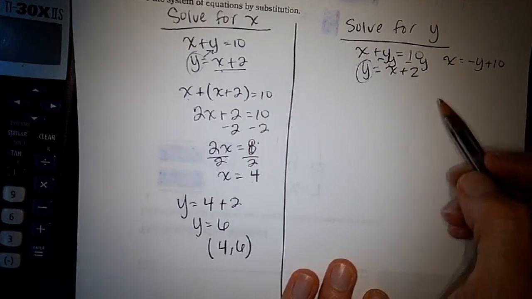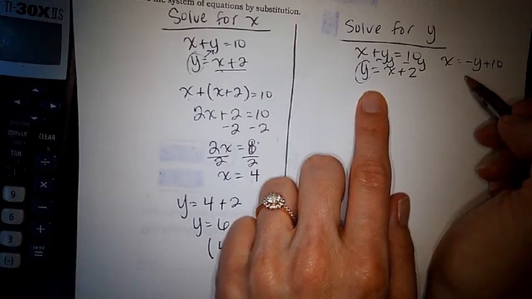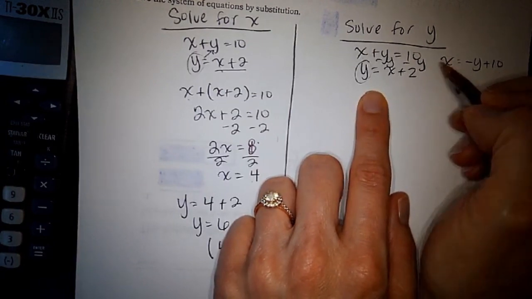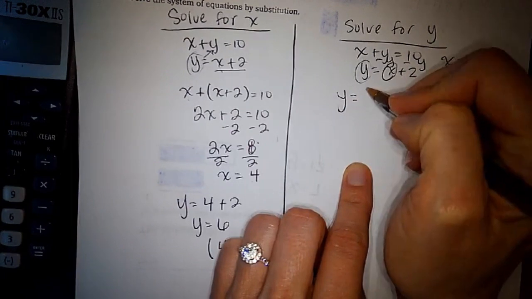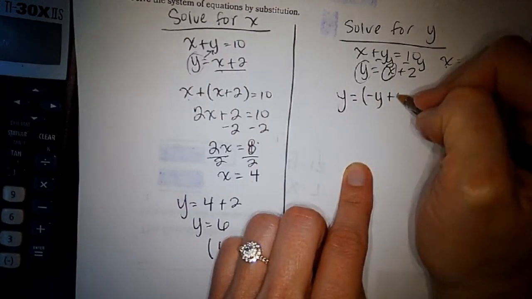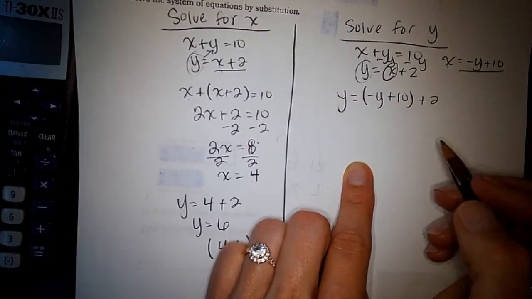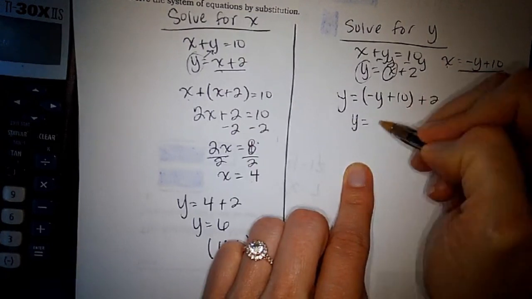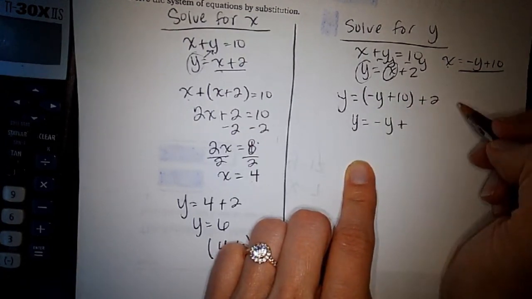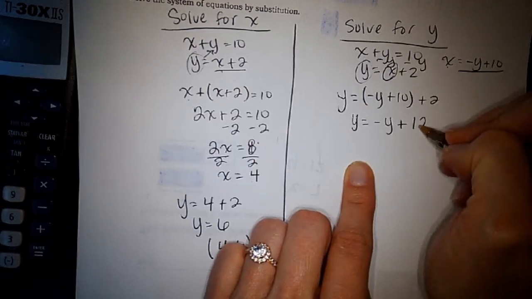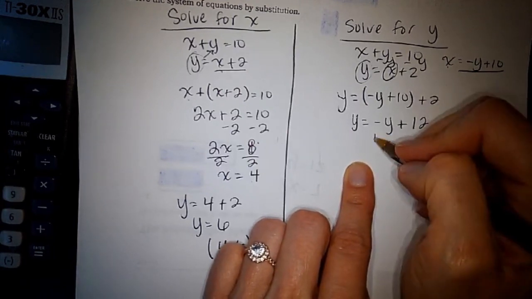Y equals negative y plus 10 plus 2. Y equals negative y plus 12. Add y to y equals 12. Divide by 2, y equals 6.